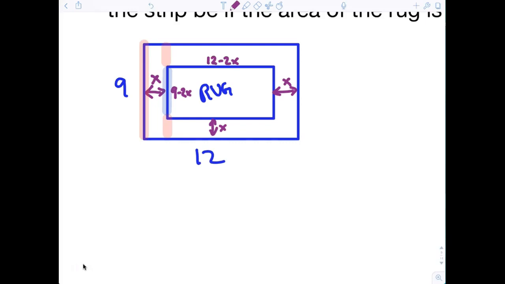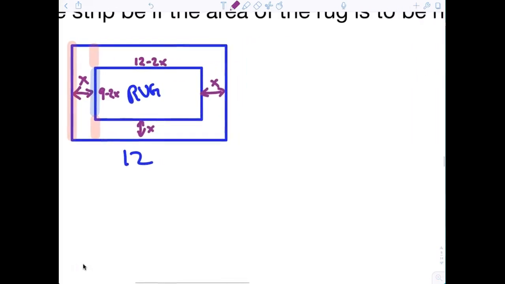Now, in terms of x, come on, pay attention to what I'm asking you. In terms of x, what is the area of the rug? Not numerically. What is the area of the rug? What is the length and the width? No, I said of the rug.